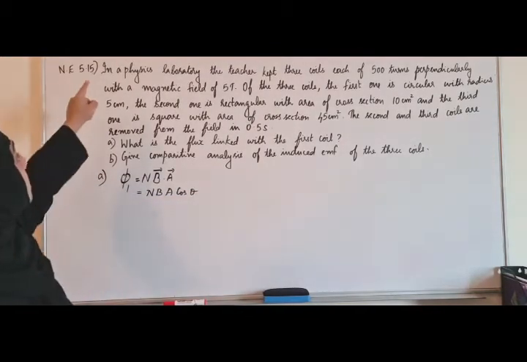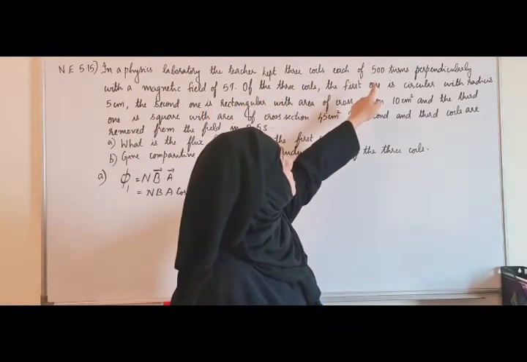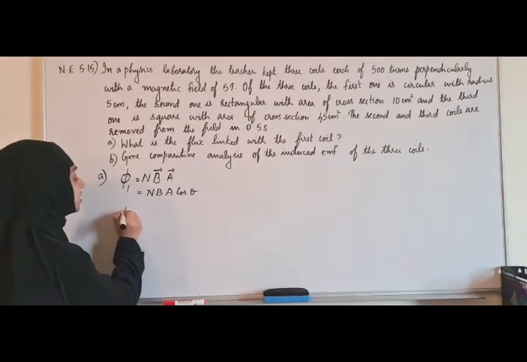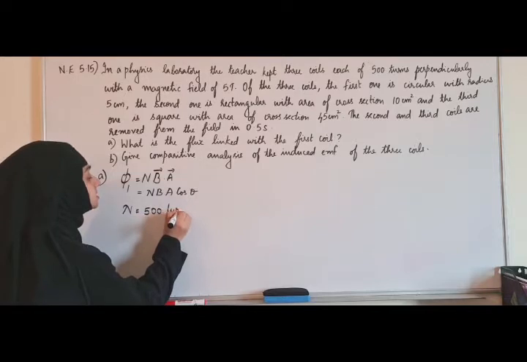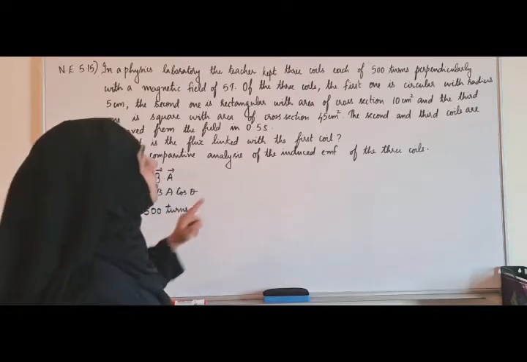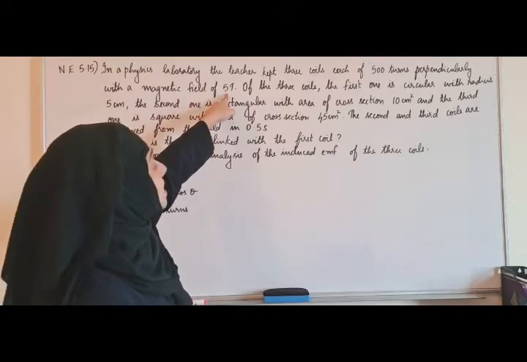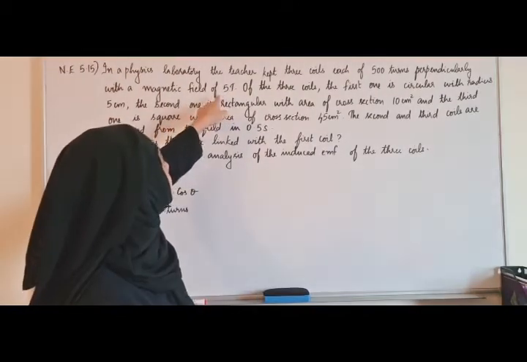So in a physics laboratory, the teacher kept 3 coils each of 500 turns. So they have given n is equal to 500 turns. Perpendicular with the magnetic field of 5 Tesla, we can get 2 pieces of information from this statement.